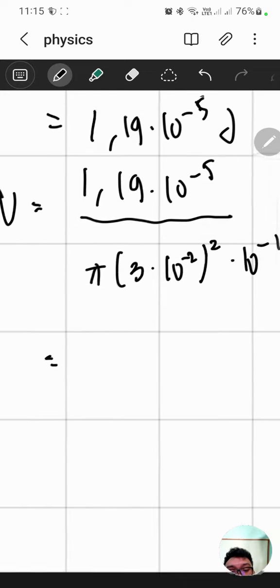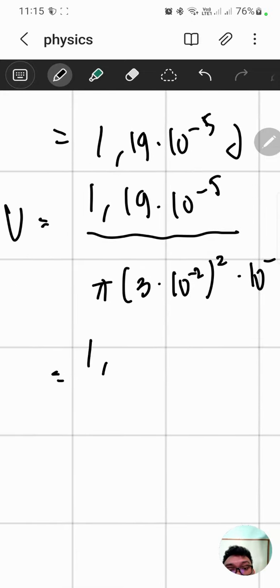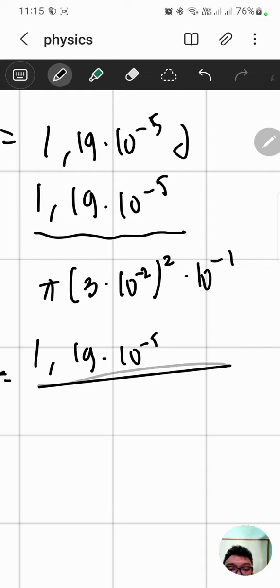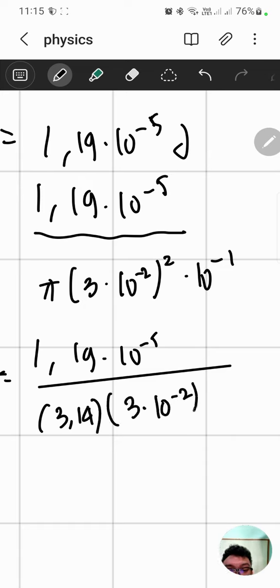So this problem can be written like this: 1.19 times 10 to the minus 5 over 3.14 times 3 times 10 to the minus 2 squared times 10 to the minus 1.